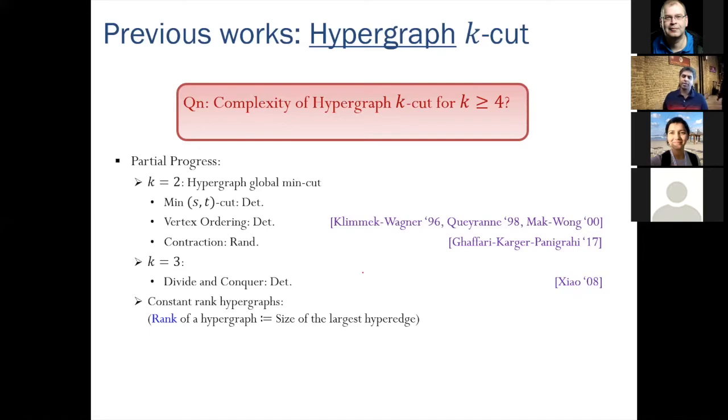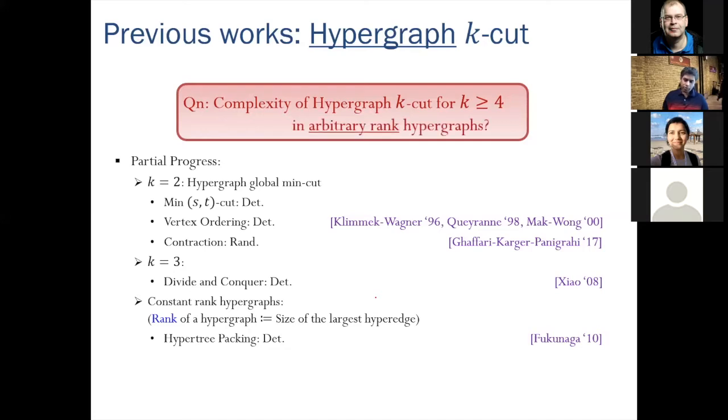So intuitively, the techniques for graph k cut should port over for hypergraph k cut in constant rank hypergraphs. This is the intuition. This was formalized by Fukunaga. He gave a deterministic, polynomial time algorithm to solve hypergraph k cut in constant rank hypergraphs. That is when the size of all hyperedges in the input hypergraph is a constant.